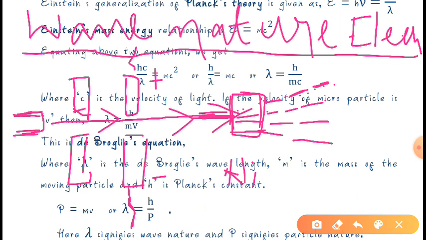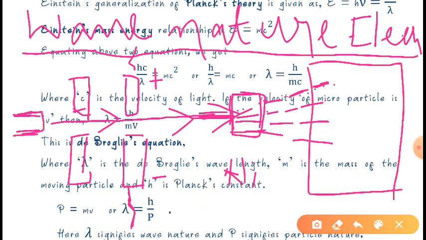What they have done is they have put a photographic plate here, and that allowed this beam to fall on that photographic plate.